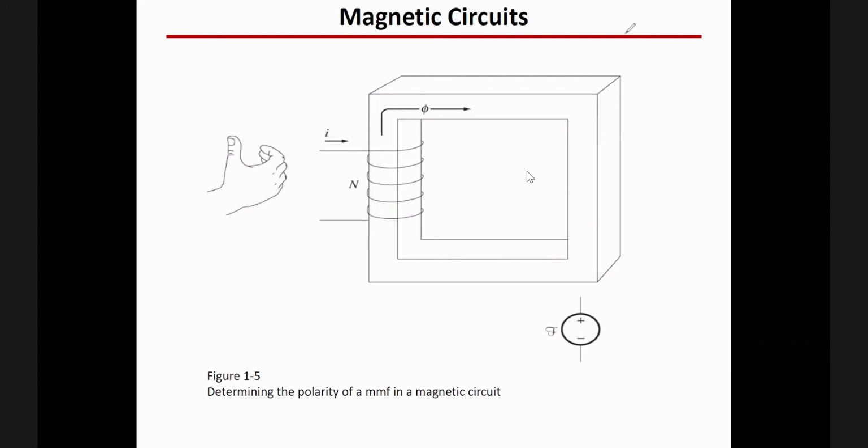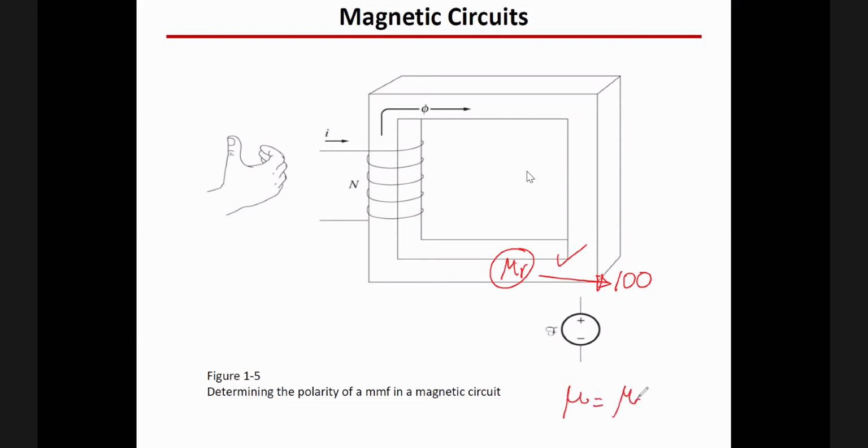The mu r is the property of the material, which reflects the capability of the material to conduct magnetic flux. So if we say that mu r for this material is 100, the meaning of this is that this material will be able to conduct magnetic flux 100 times more than the air, because mu will be mu naught, which is for the air, multiplied by mu r, which is for the material.